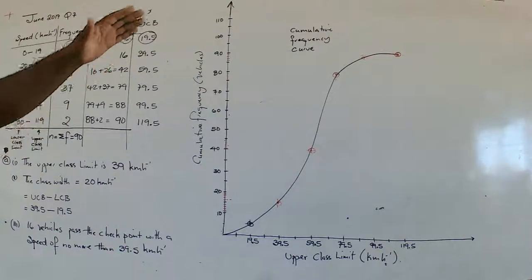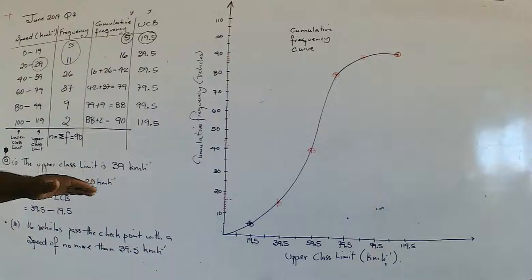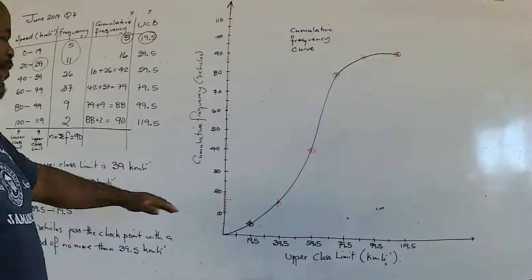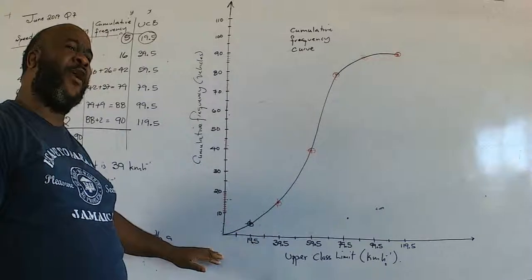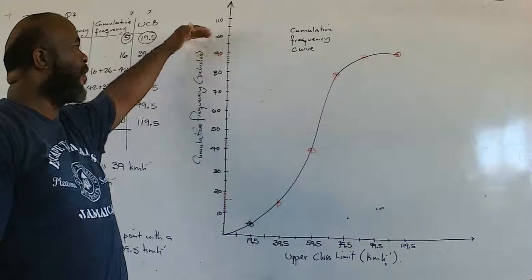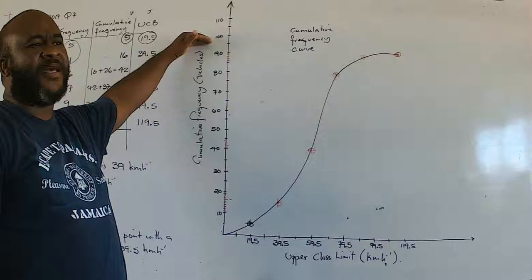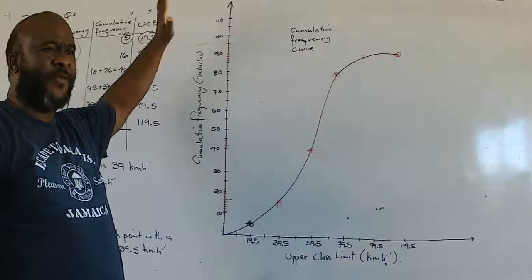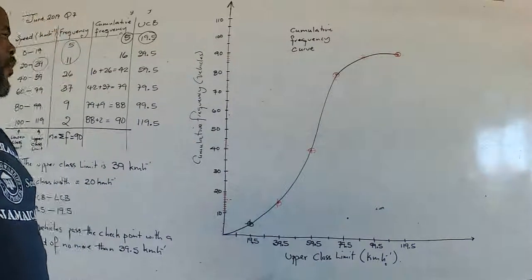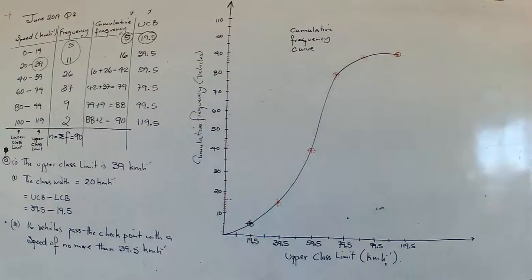At every point on your graph is a vehicle and the speed at which it passes the checkpoint. The vehicles down here pass the checkpoint at the lowest speed, and the vehicles up here pass at the highest speed. Are you with me? So let us find the speed of the 45th vehicle. Why?